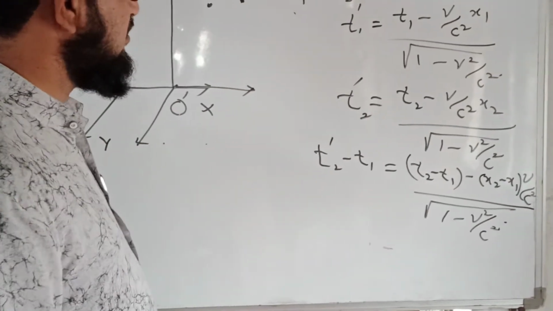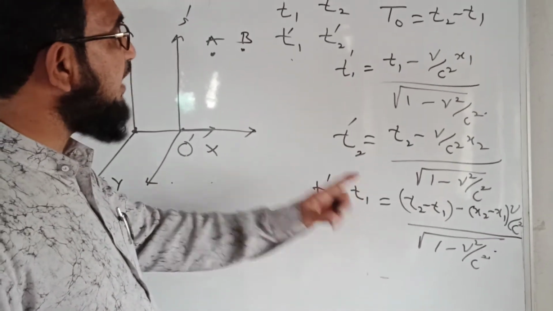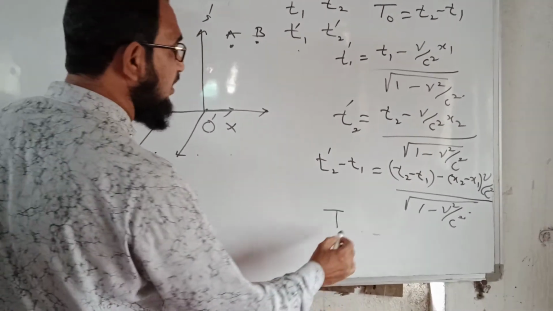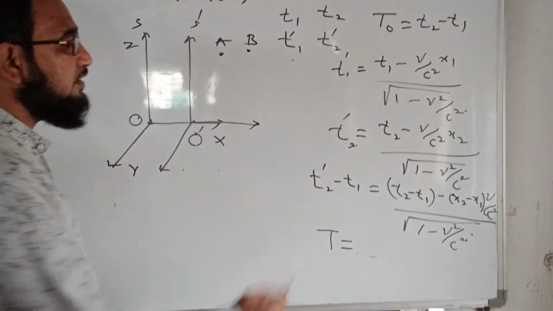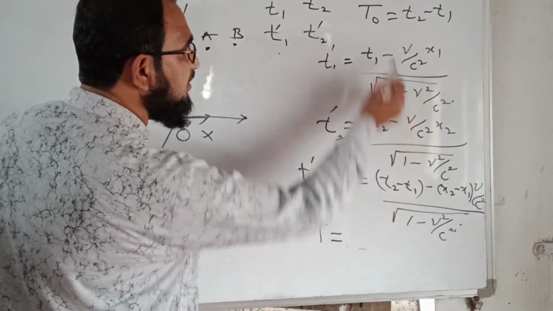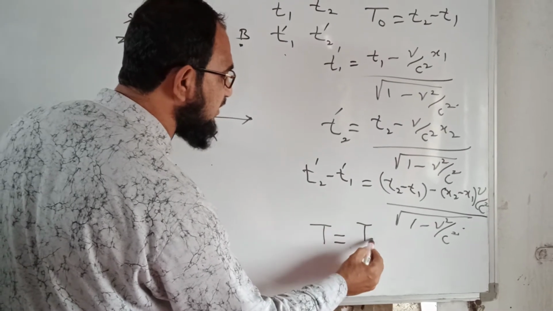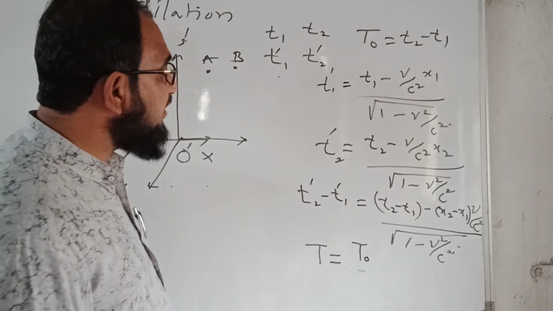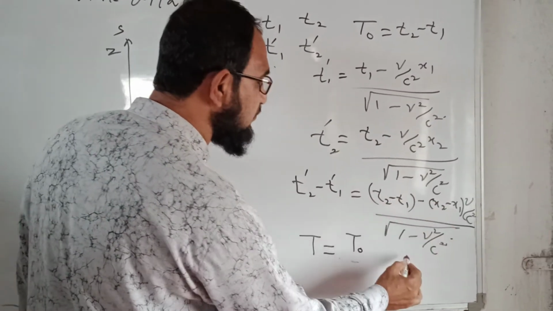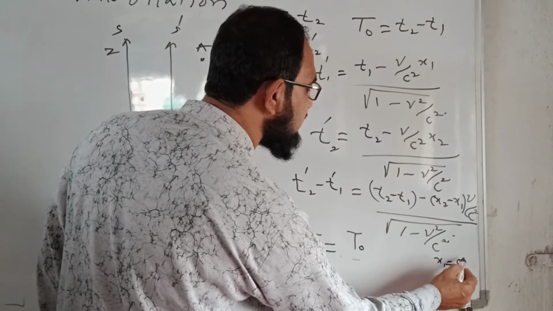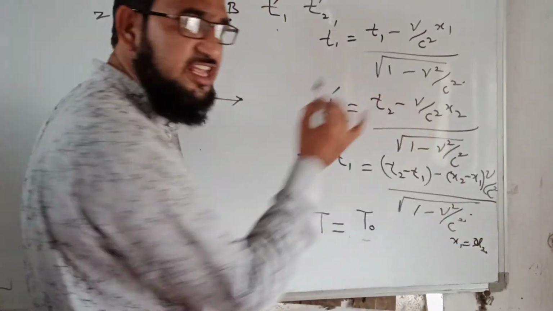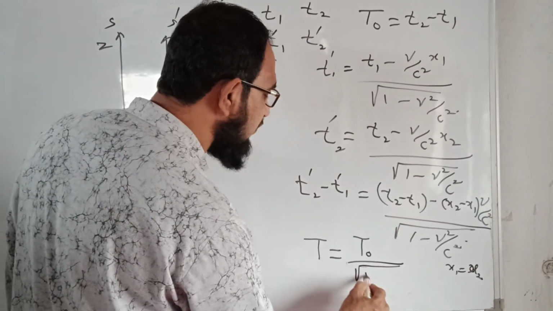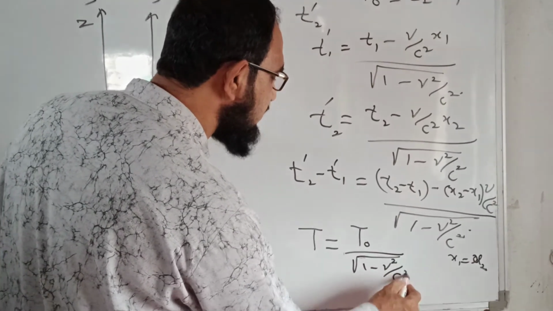This T2 dash minus T1 dash is supposed to be the time T, and T2 minus T1 is the time T0 measured by the first observer in the frame S. Then if x1 is equal to x2, this term will vanish and you will get T0 upon root over 1 minus V square by C square.